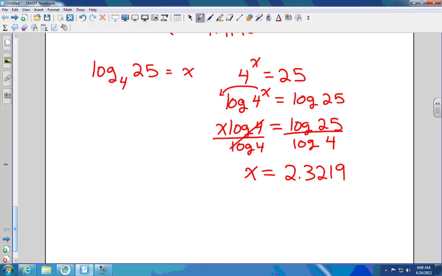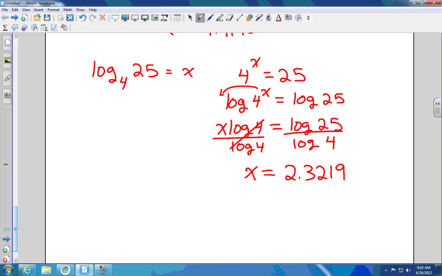Anybody look at that problem, see something, you could just jump right to the answer? I mean, jump right to the answer. Like instead of going from logarithmic, writing it in exponential, and then taking the log of both sides. Sure.